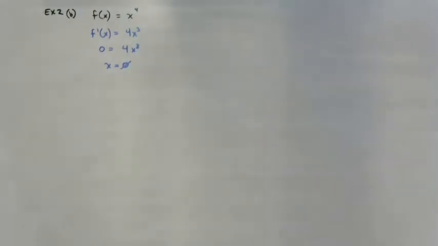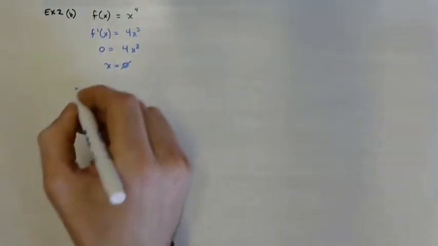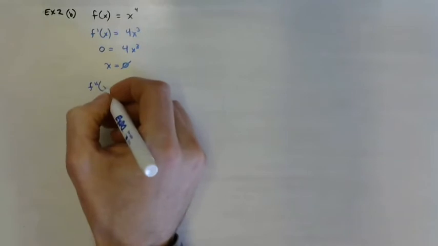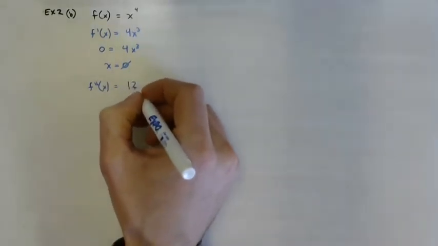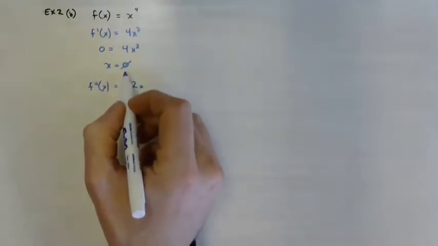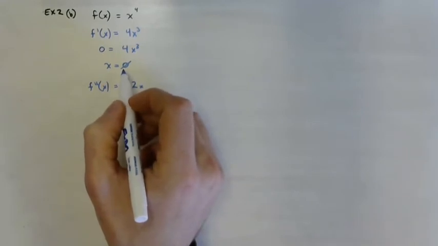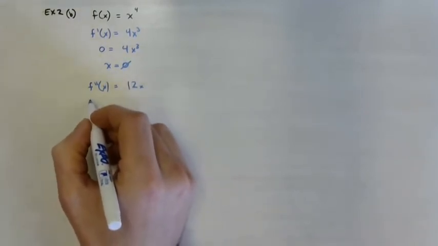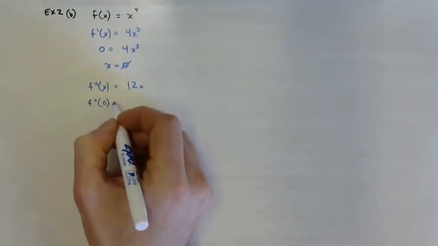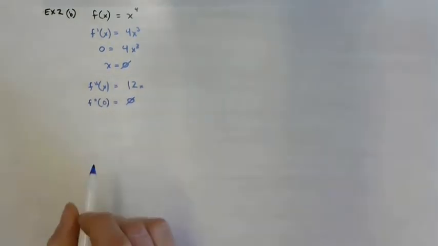Now if we find the second derivative, which is 12x, and we sub our critical value into that, f double prime of 0, we just get 0 again.